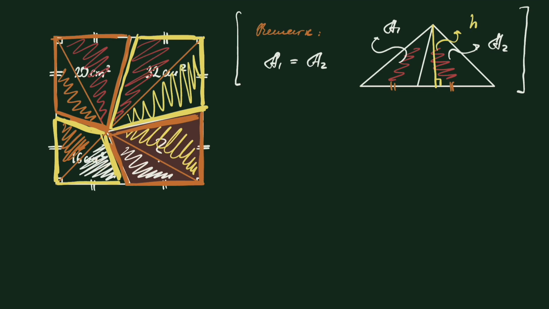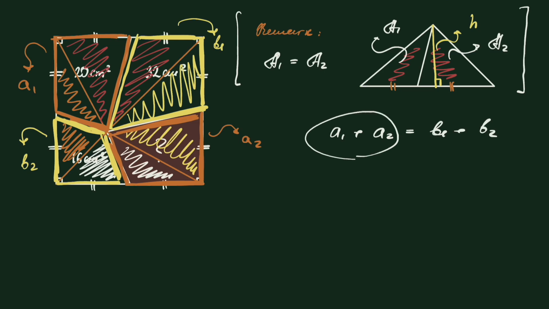Alright, what I'm claiming is that this part over here has the area A1, let's say. Let's say this has the area A2. This has the area B1, let's say. And this over here has the area B2. What I'm claiming is that A1 plus A2 is actually B1 plus B2 in general, right?